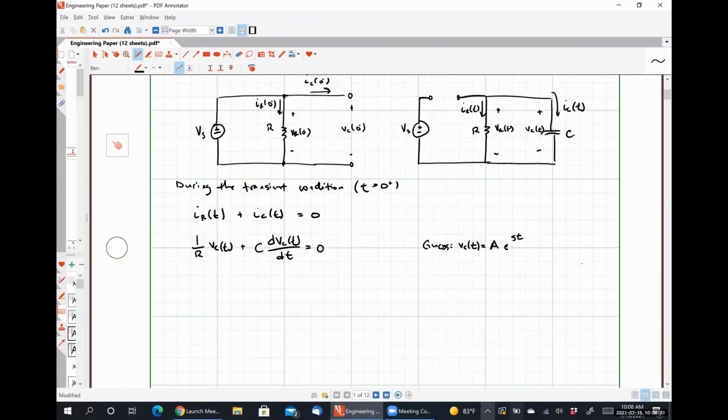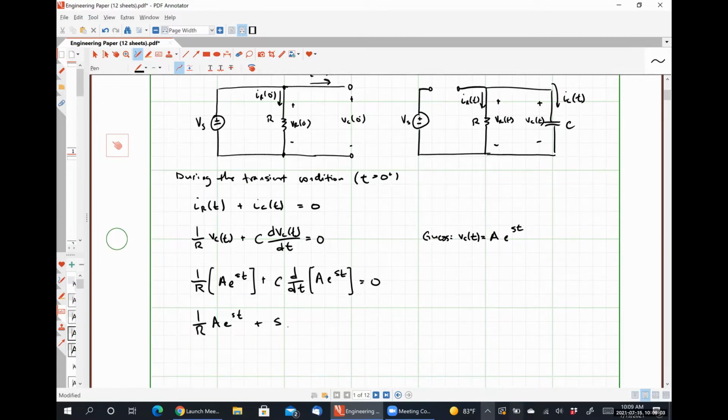So when we substitute in that guess value, we wind up getting 1 over R times A e^(st) plus C times the derivative of A e^(st) is equal to 0, which is going to look like 1 over R times A e^(st) plus sC A e^(st) is equal to 0.